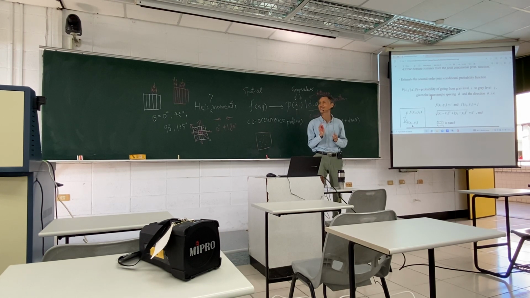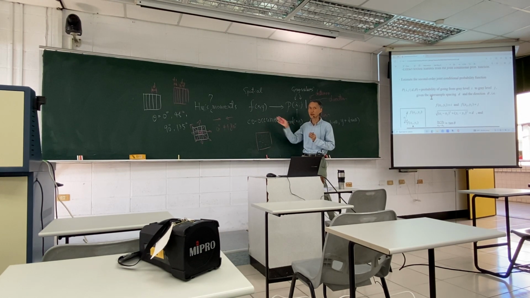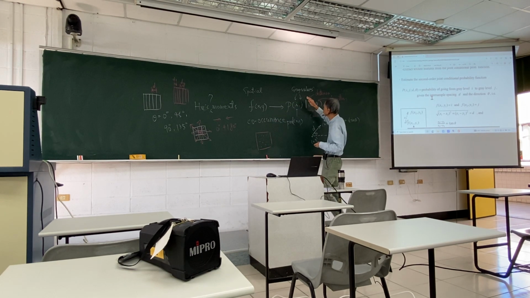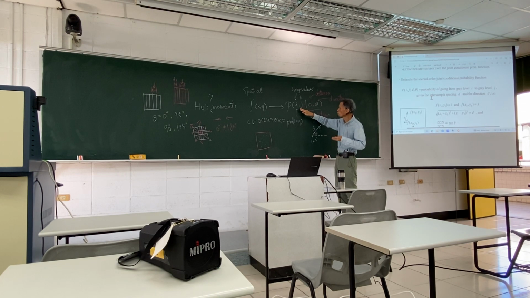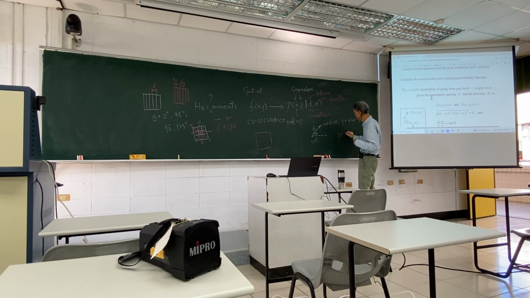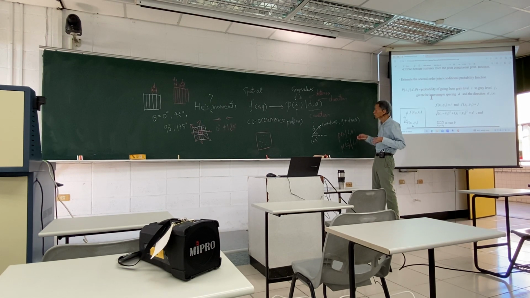I didn't say how to extract the feature yet, but we convert a spatial image into a joint. Why is it joint? Because we look for i and j, not just x. This is a conditional probability for x, but when I say i and j, we look for the joint: the joint from i changing to j based on the condition d and theta, the so-called joint conditional probability.